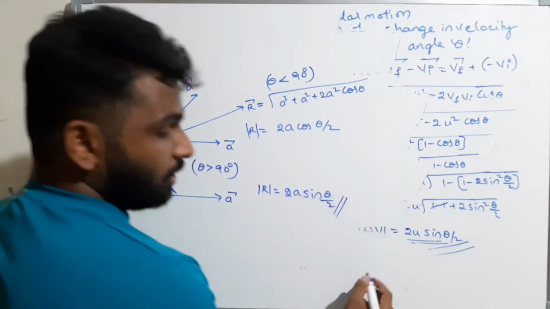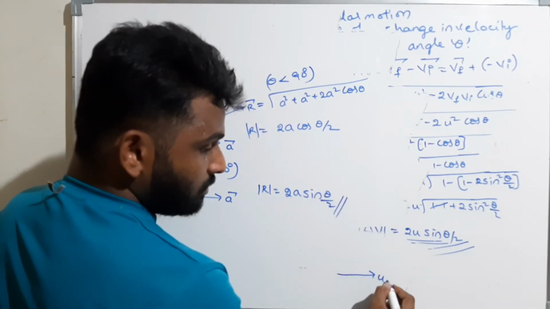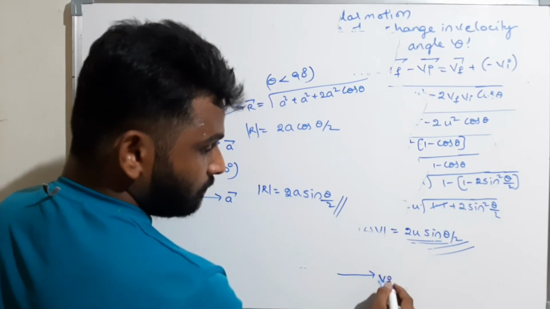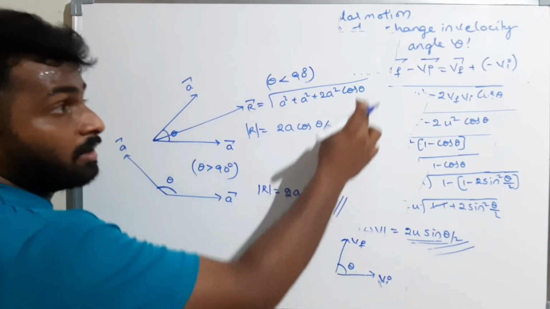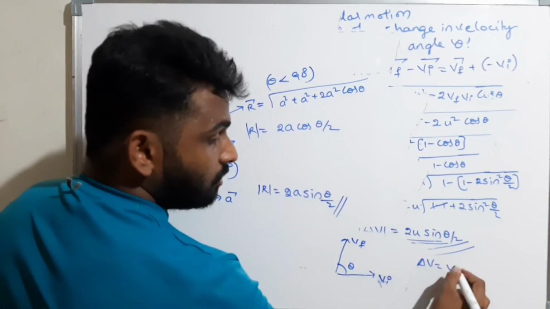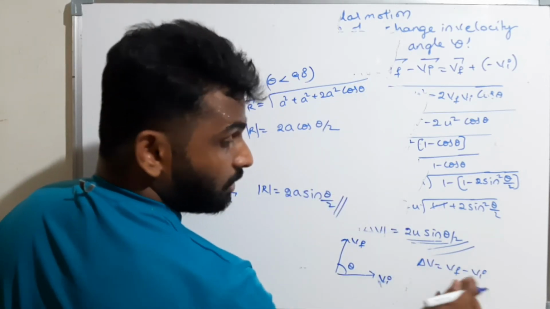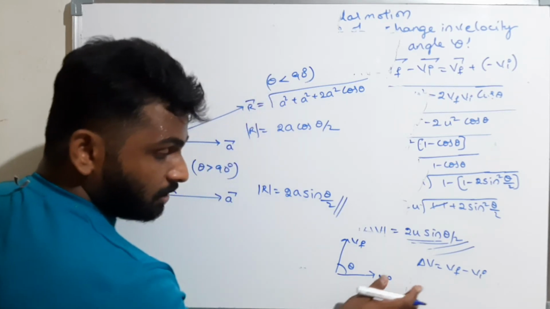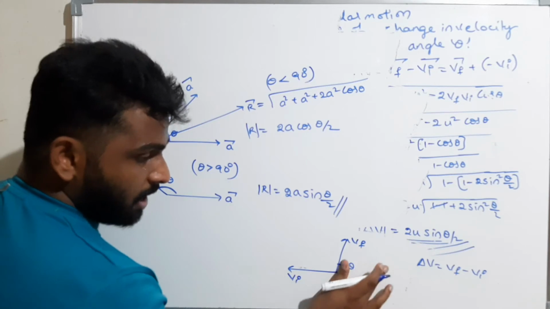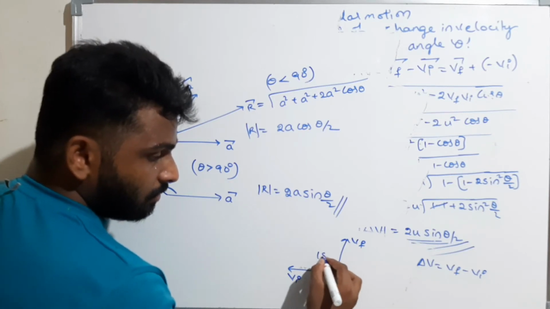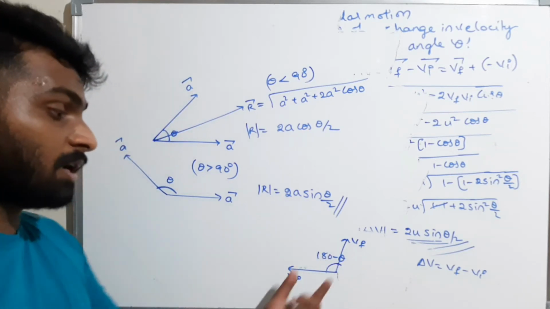Here also we got the same thing, right? This is V initial and this is V final. The angle between them is theta. But we are finding delta V. What is delta V? Delta V is equal to V final minus V initial. That is nothing but minus VI. Therefore, I am converting this to V initial, minus VI. What is the angle now? Here the angle is 180 minus theta, which is greater than 90.